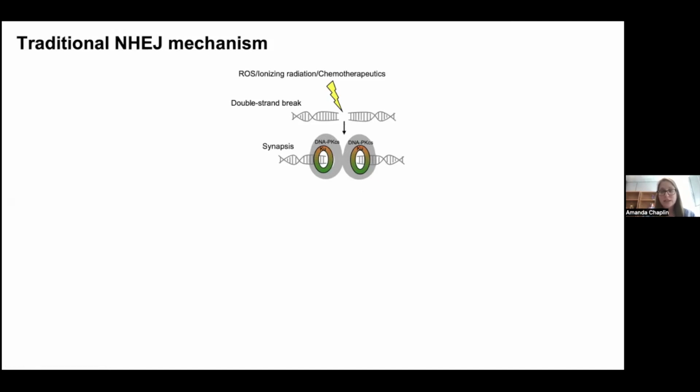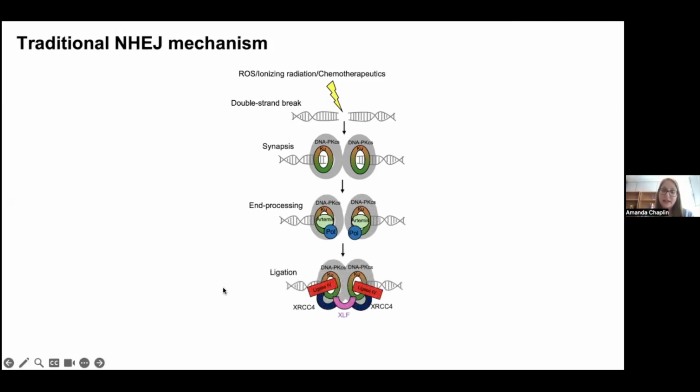It then recruits this larger kinase called DNA-PKcs, shown there in gray with DNA. The DNA ends sometimes need to be processed by nucleases or polymerases before finally a ligase, shown here in red with these scaffolding proteins XLF, XRCC4, then ligate the DNA together again. So these are the core or canonical proteins involved in NHEJ.